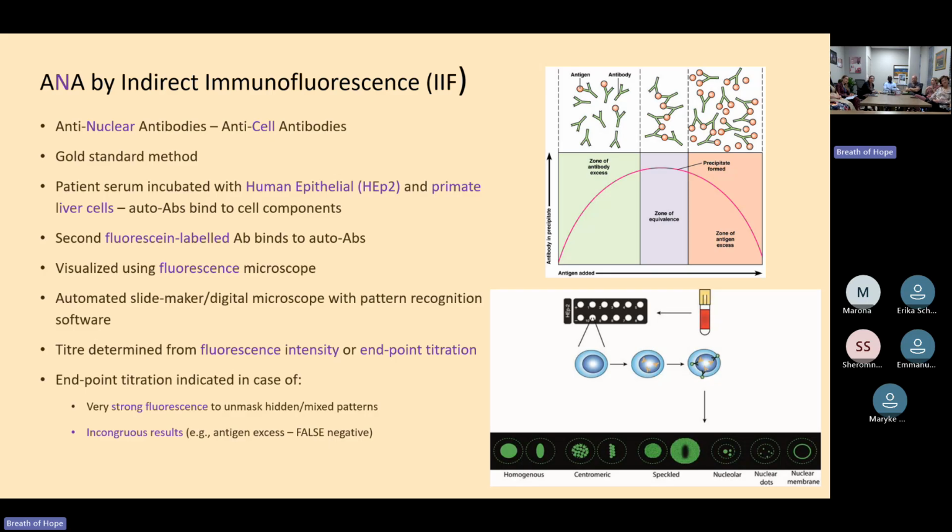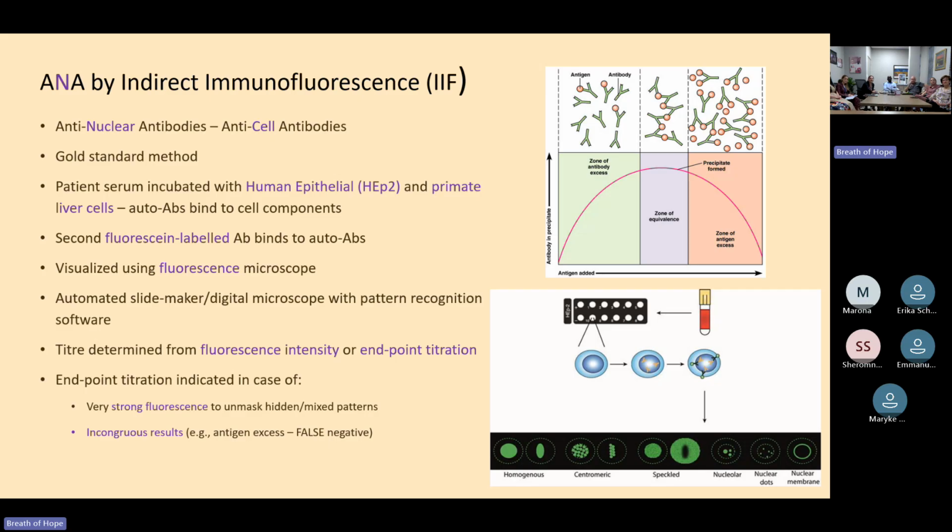So if we look at this slide over here, that's where the signal is too strong, and the antibodies can't, there's too much antigen, so it doesn't form a nice stable lattice, because you can see just about every antibody has got the antigen bound to it. The ideal situation would be this zone of equivalence, where you have just the right amount of antigen and the right amount of antibody.